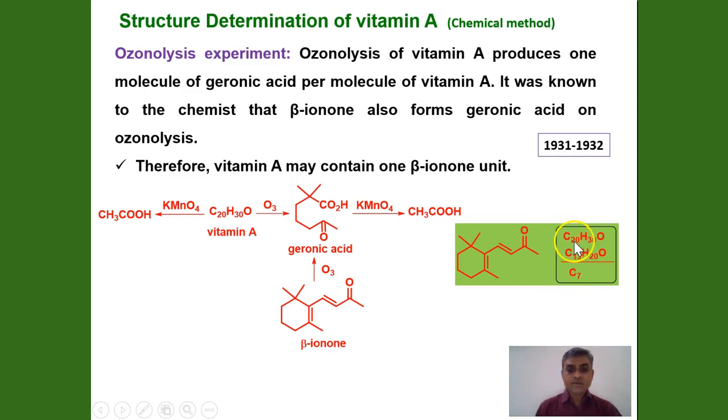Out of 20 carbon atoms in vitamin A, we have accounted for 13 carbon atoms, and in the remaining discussion we have to account for the 7 carbon atoms. So the ozonolysis experiment has proved that vitamin A contains one beta-ionone unit. Beta-ionone contains one ring, and we have already proved that vitamin A contains one ring.